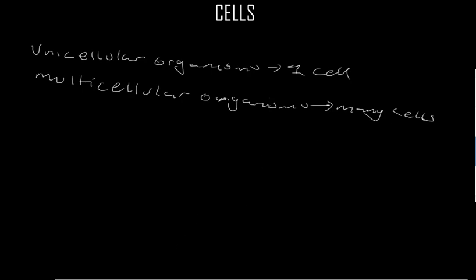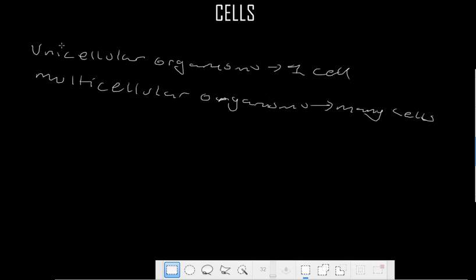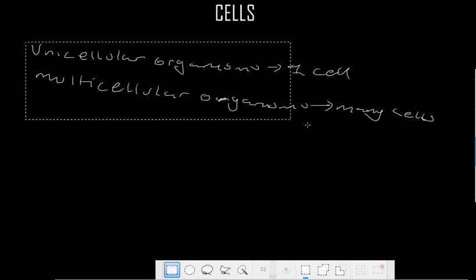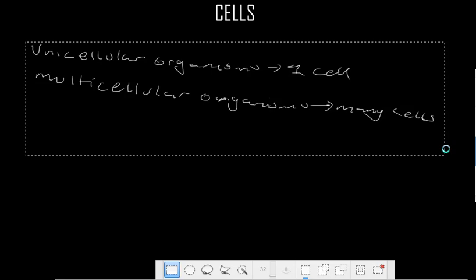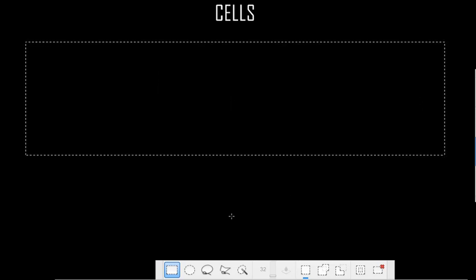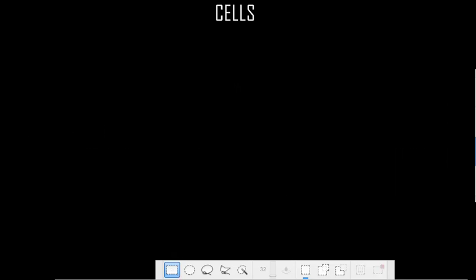When we talk of cells, cells are not visible to us just by our eyes, and so we employ the use of what are known as microscopes. A microscope is simply a magnifying device that is used to study small bodies such as cells.